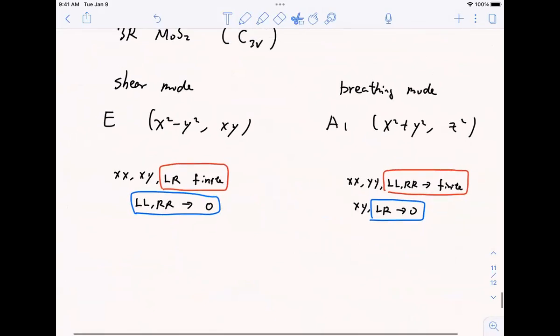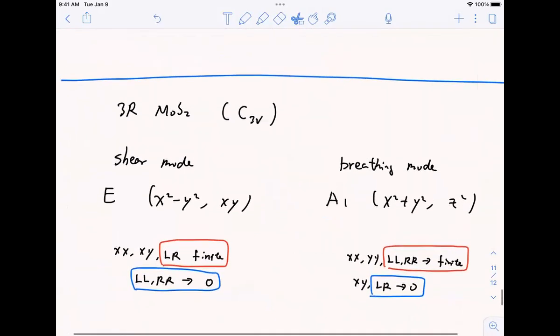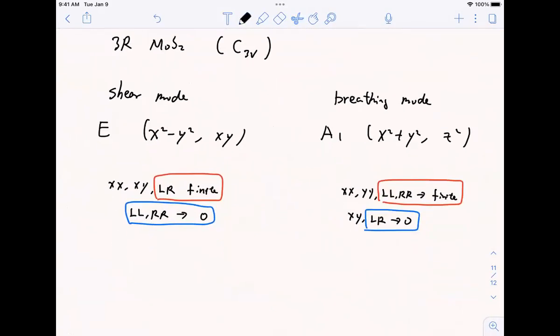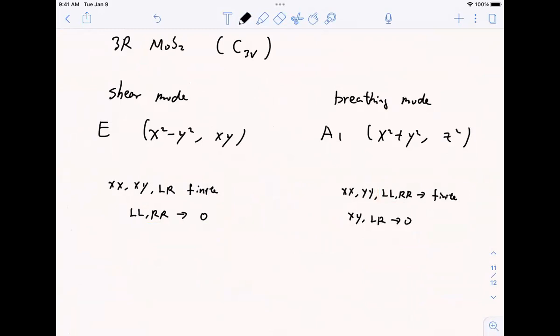So that means for the 3R mode, we don't have the helicity thing. So you have these two finite, and then only this one is finite. The others are 0.